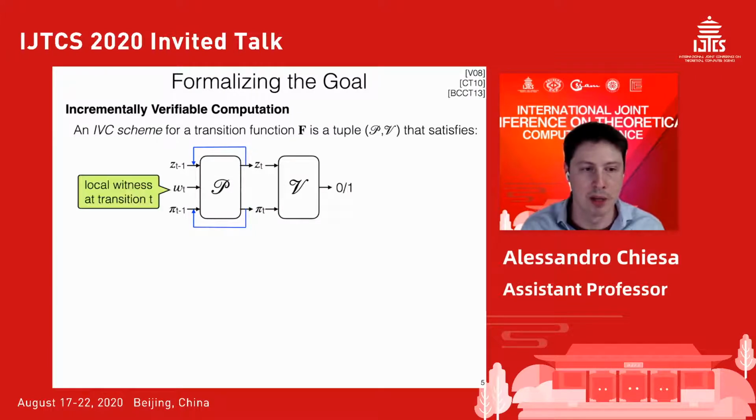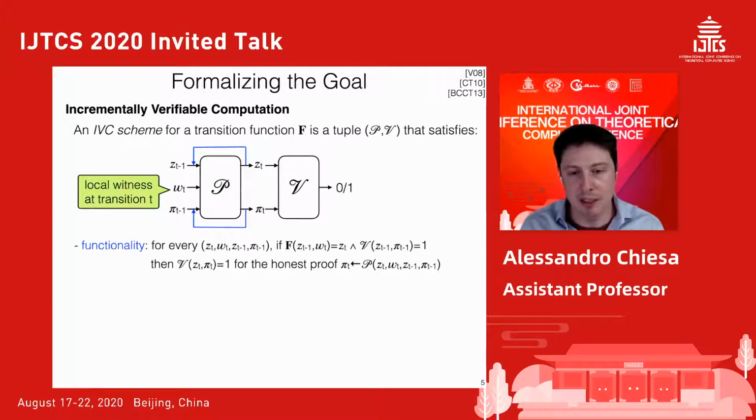Okay? And in many applications, it is important that every time you recurse, you can have the option of giving the function f some local witness. I'll give an example of that later. But slightly more precisely, what you would like to say is that you can always make progress if things are good.